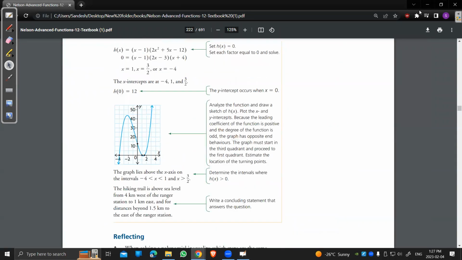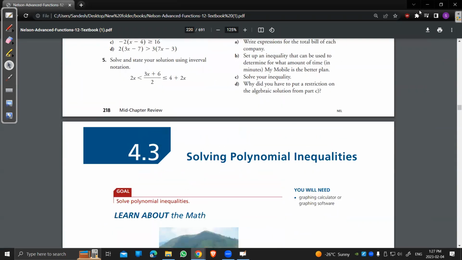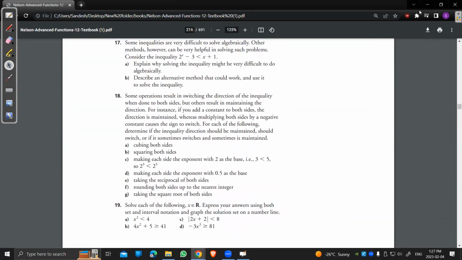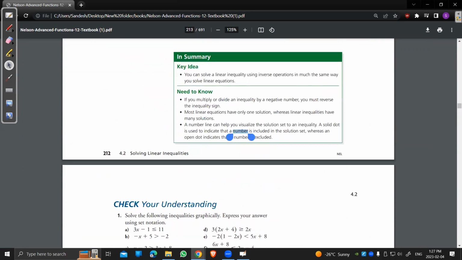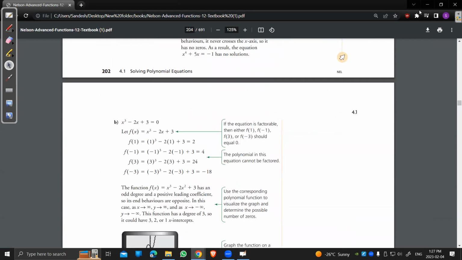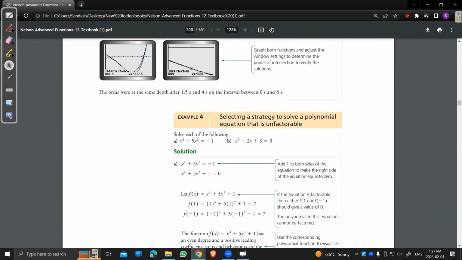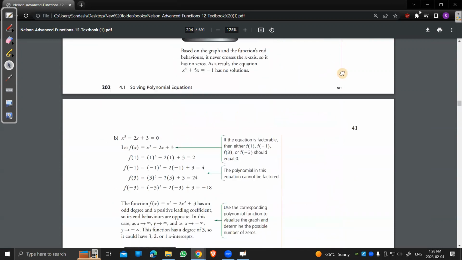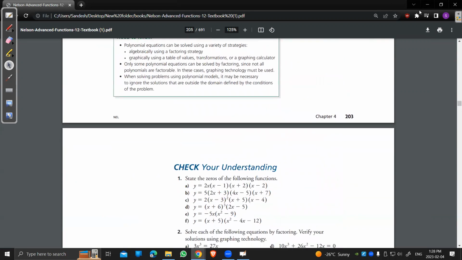What if you don't have the graph? Let's look back into finding how to do the graph to begin with. Let me see if they're asking us to graph this. All right, yeah, there we go.